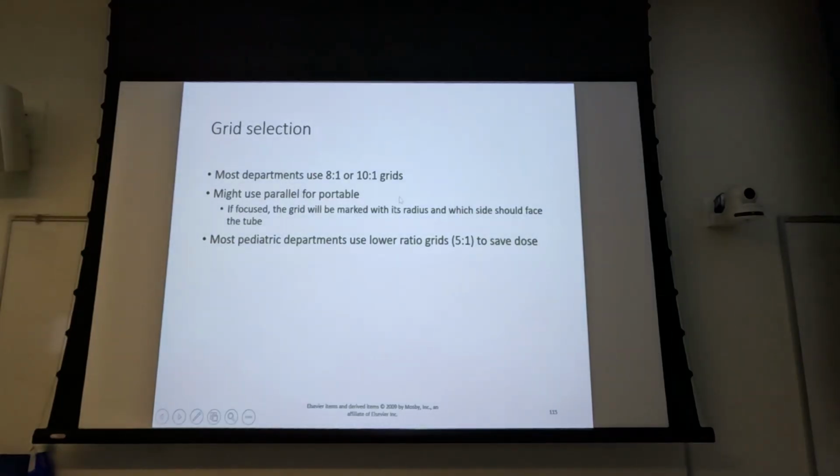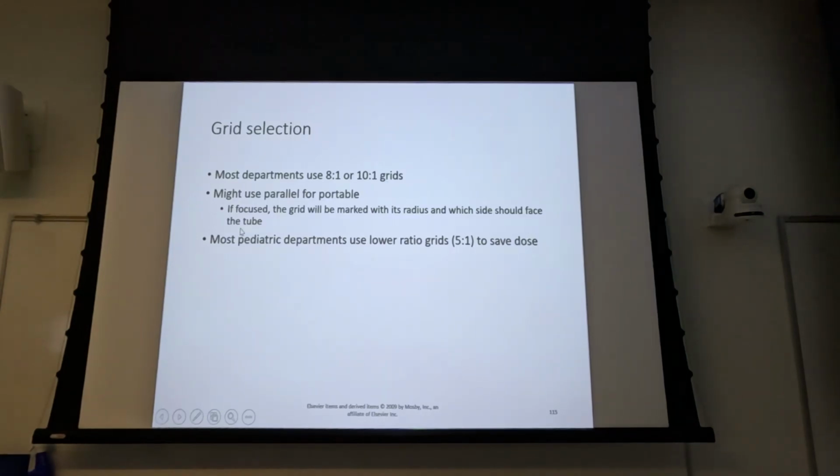So most of your departments use 8-to-1, maybe 10-to-1, possibly even 12-to-1, except for in pediatric hospitals where they want a lower dose. They're going to use something like a 5-to-1 to be safe on dose to the patient. So when you look at your grid, you might see a number of things.